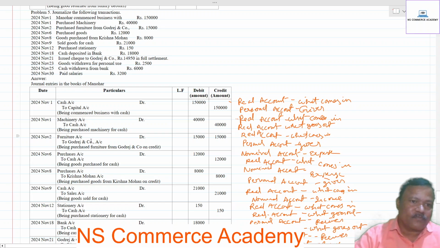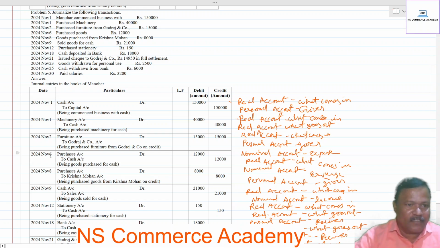So the entry is: Furniture account debit 15,000 to Godrej and Company 15,000. Narration: being purchased furniture from Godrej and Company on credit.